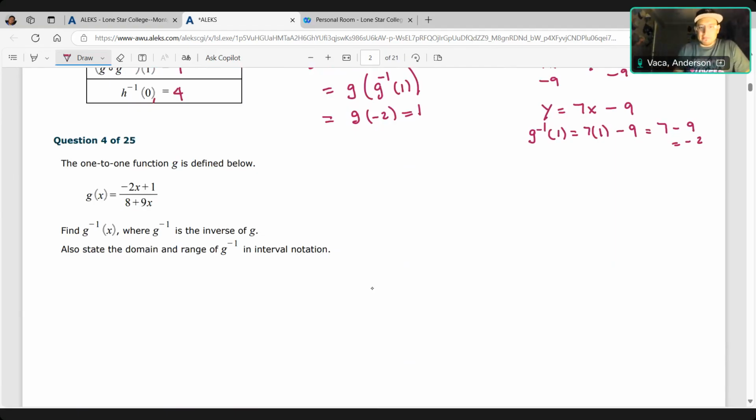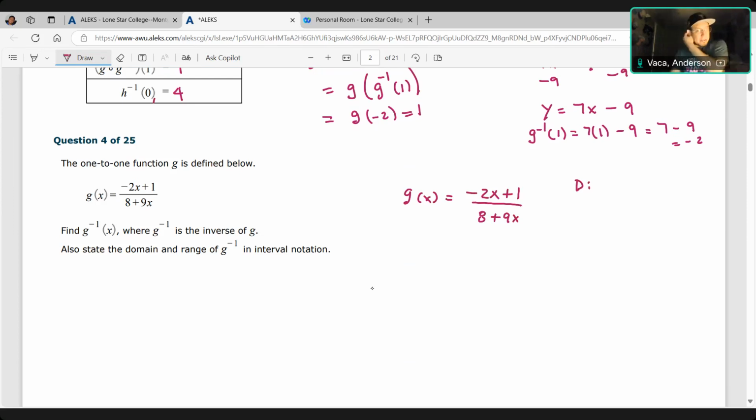All right, so here we have g of x is equal to negative 2x plus 1 divided by 8 plus 9x. To find the domain of this function, we know that whenever we have a fraction, we cannot divide by 0.